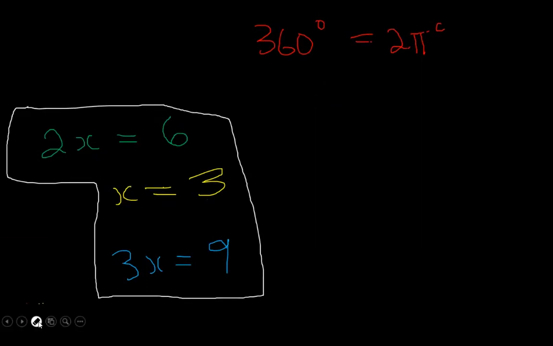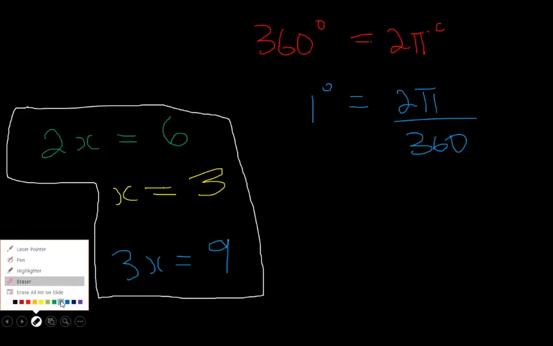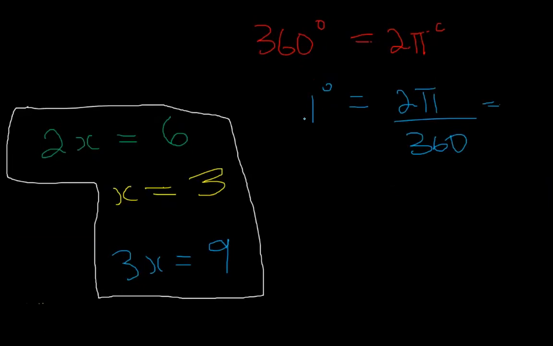That'd be 2 pi over 360 degrees, which reduces to pi on 180. That is why, when converting from degrees to radians, we multiply by pi on 180.